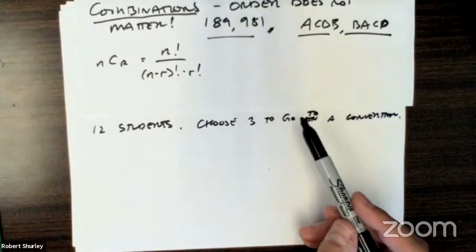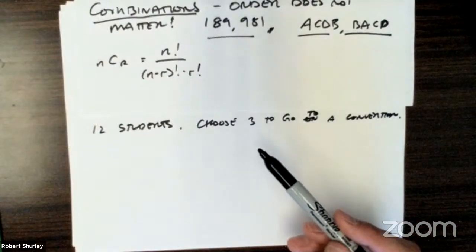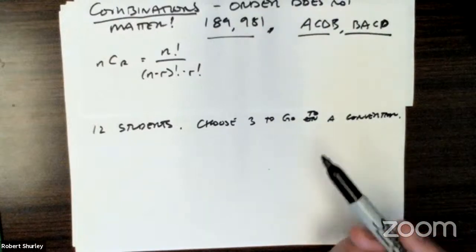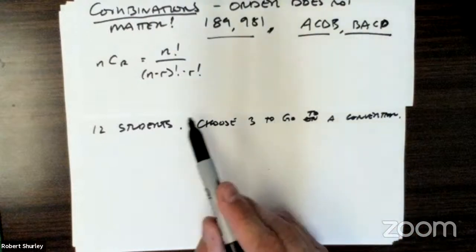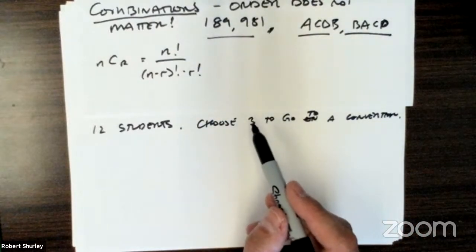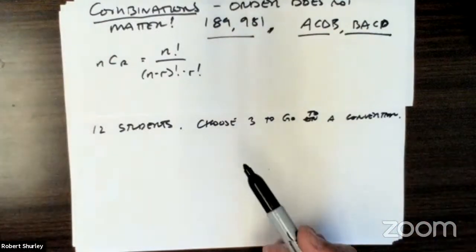The order doesn't matter here. If you chose Larry, Joe, and Sally, that's the same as choosing Sally, Joe, and Larry, right? So this is definitely a combination because the order doesn't matter how you choose them. The same 3 are going to the convention.